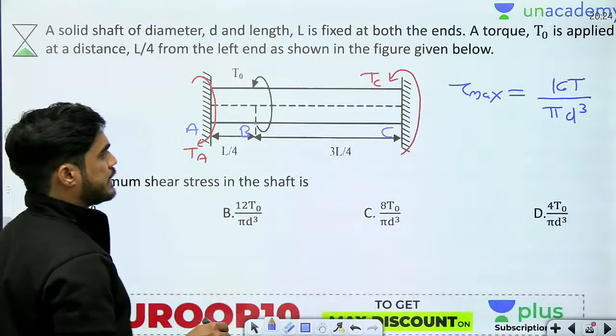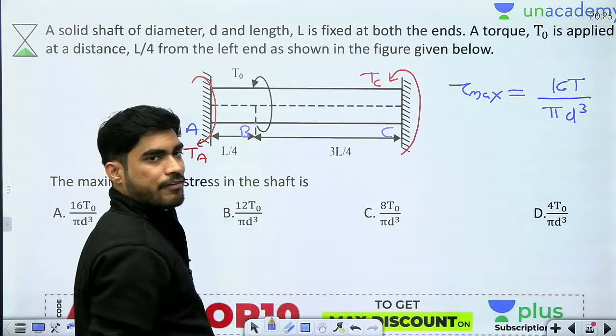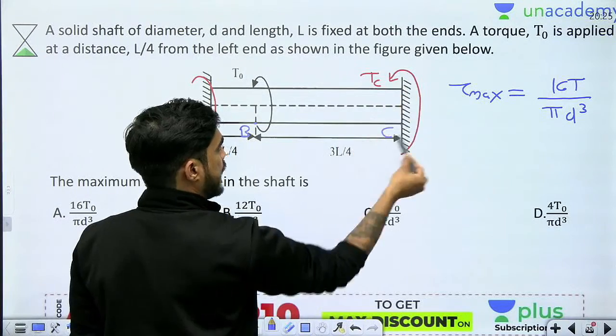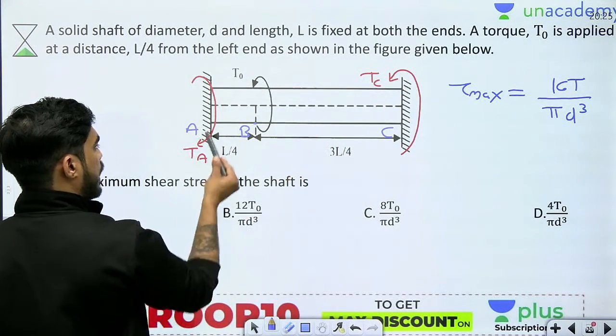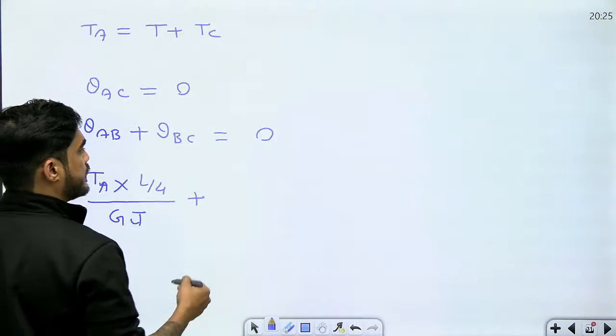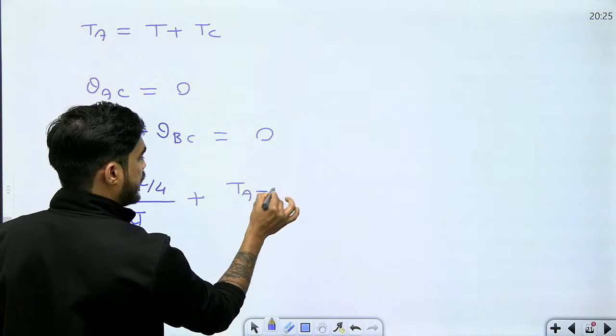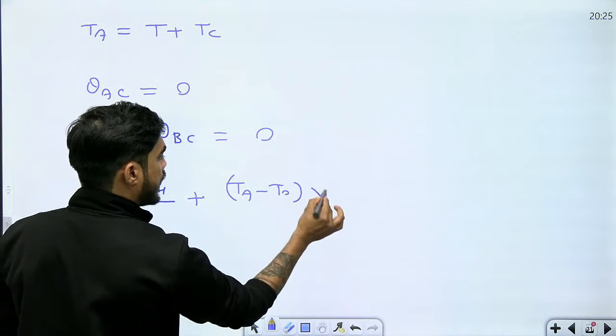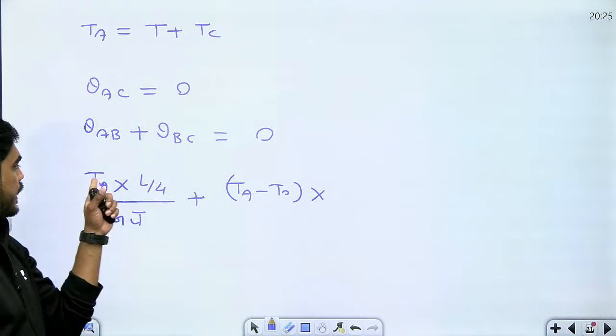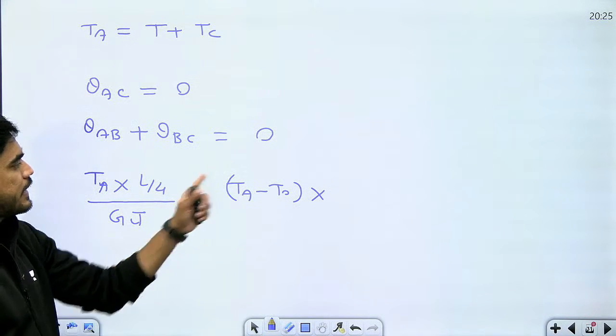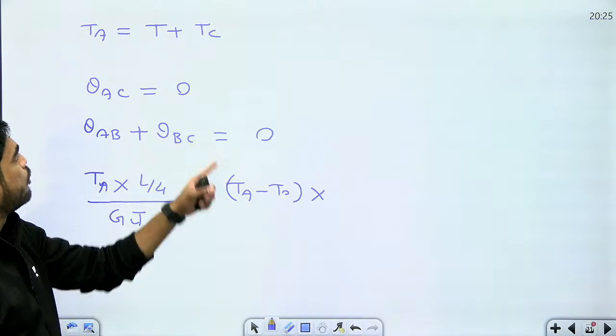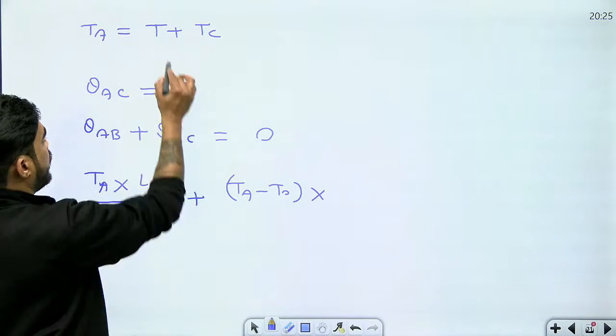Then theta BC, between B and C if I take a plane, from right side torque is TC, from left side torque is TA minus T naught. I will write it TA minus T naught so that I will get the entire equation in terms of TA. If I write TC, ultimately I will have to put TC equal to TA minus T naught.